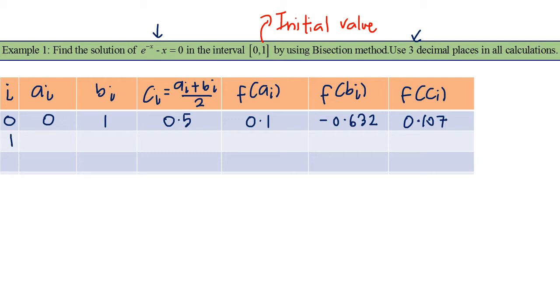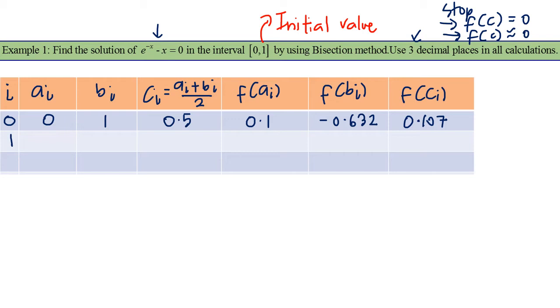Now you still have to continue the iteration to iteration number 1 because the f(c) is not equal to 0. So you have to stop your solution when f(c) is equal to 0, or maybe f(c) approaches 0, close to 0. Or maybe it depends on the stopping criteria.